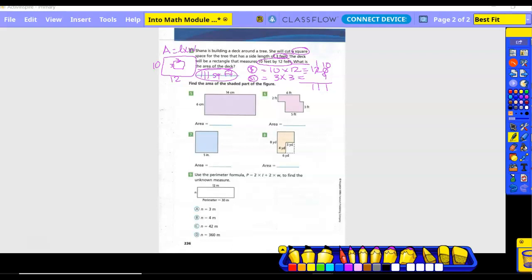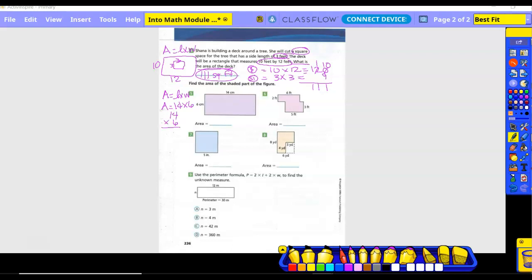Okay, so what is going to be my formula for area? Area equals length times width. Okay, so what am I going to write here this time? A equals what? 14 times 6. Now we'll have to put that vertically, 14 times 6.